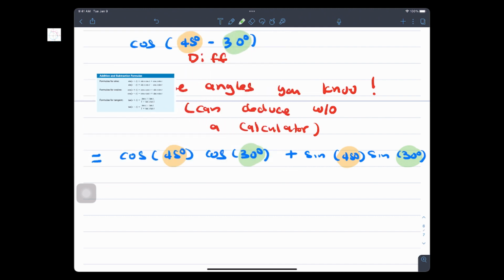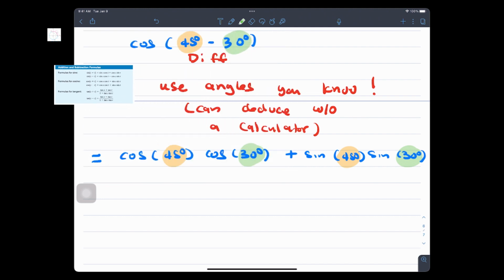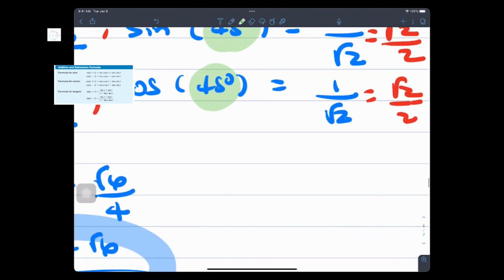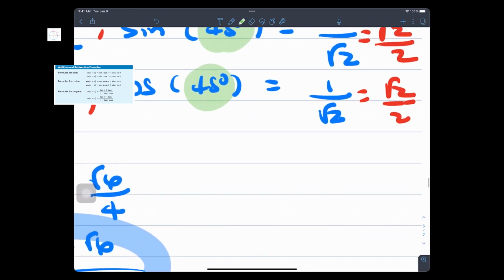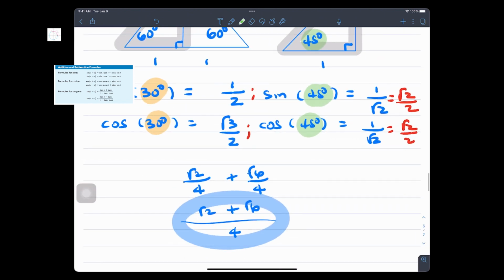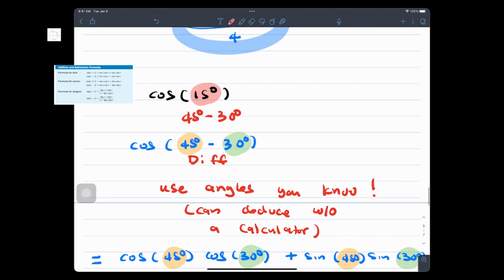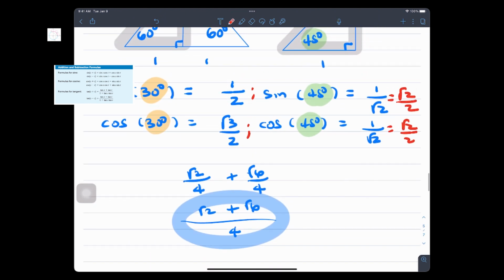There you guys go. Now, do you guys know what cosine 45 is? Say yes. How do you guys know what cosine 45 is? It's right over here. Is that right? Square root of 2 over 2. What's cosine of 30? Square root of 3 over 2. Is that right?